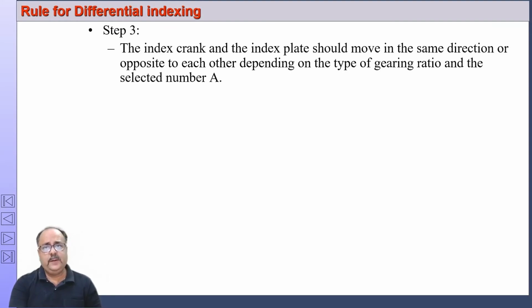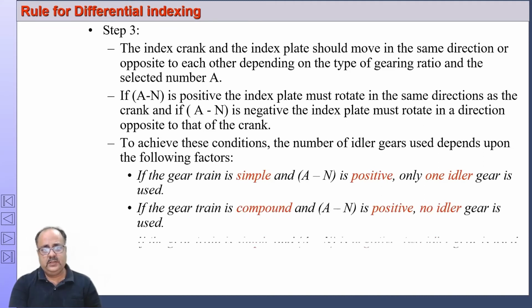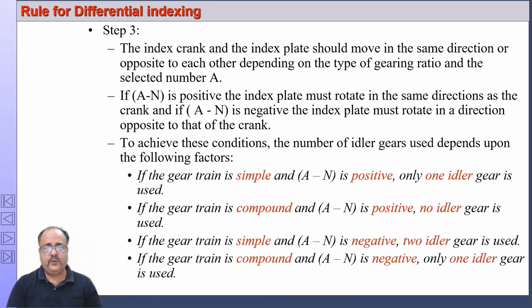In step 3, we have to find the change gears, depending on the type of gear train that is available. Right now you probably will not be able to understand it. If the gear train is simple and M minus N is positive, that is if A is greater than N, then only one idler gear is used.